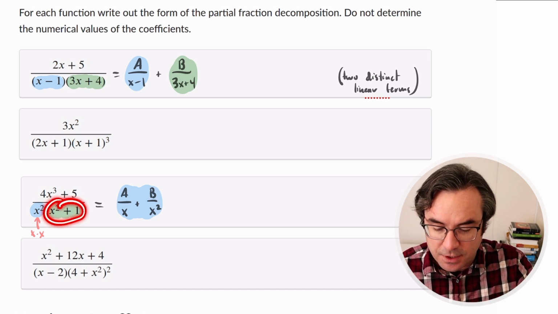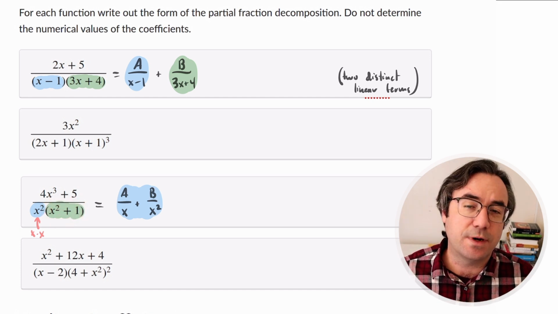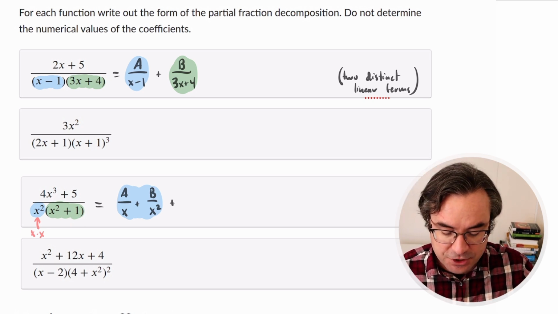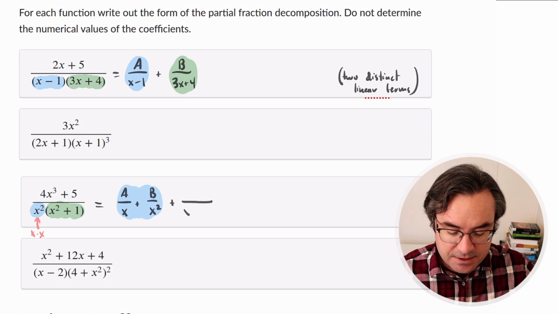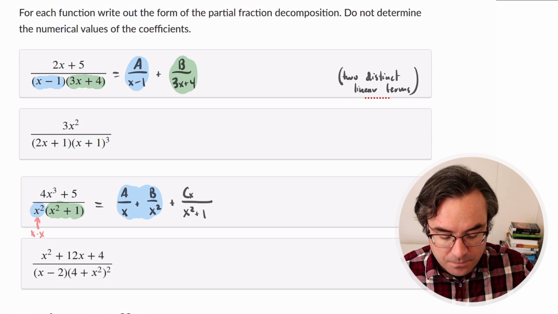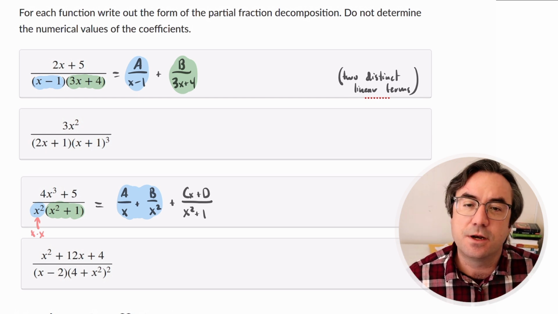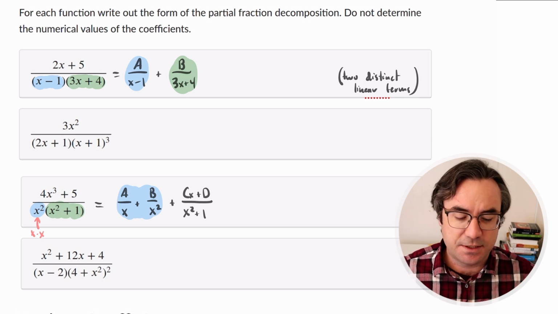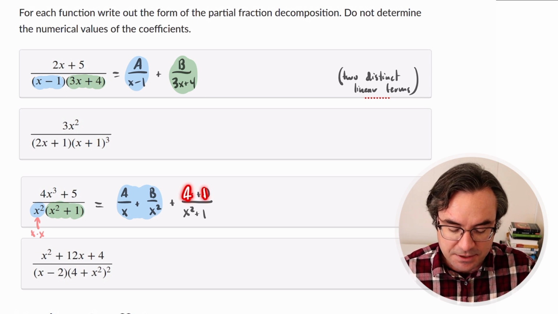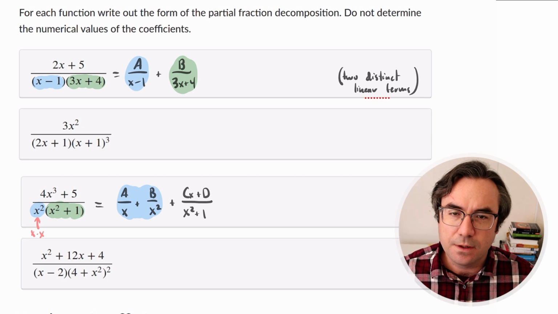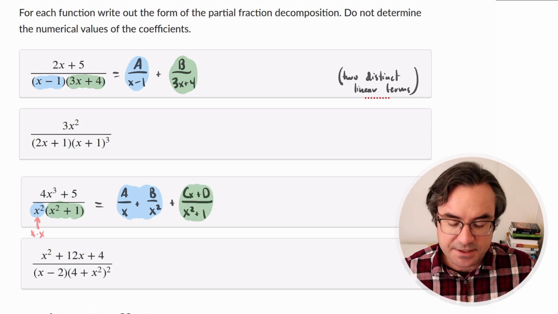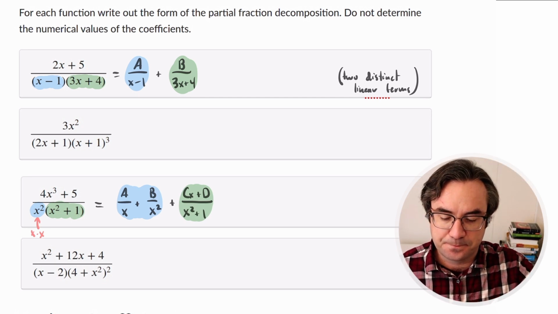But this x squared plus 1, that's an irreducible quadratic. We can't factor that one any further. So the format for the decomposition in that case is the denominator is going to be the x squared plus 1, and the numerator is going to be this form cx plus d. Or if it happened first, it would be ax plus b. So for an irreducible quadratic, this is the format that we get.